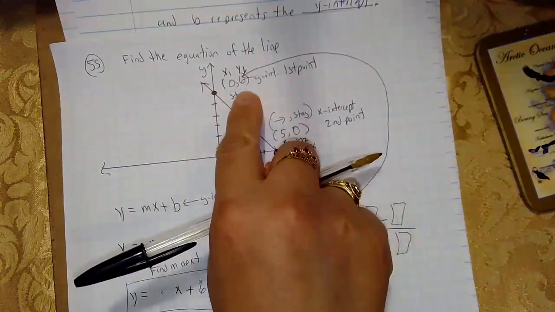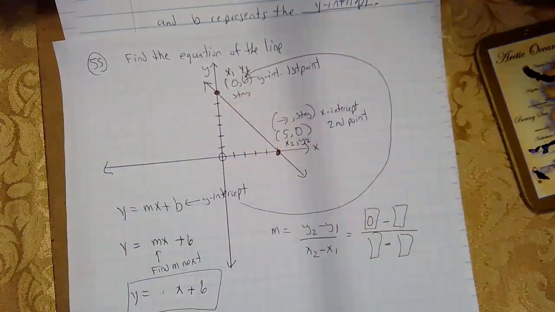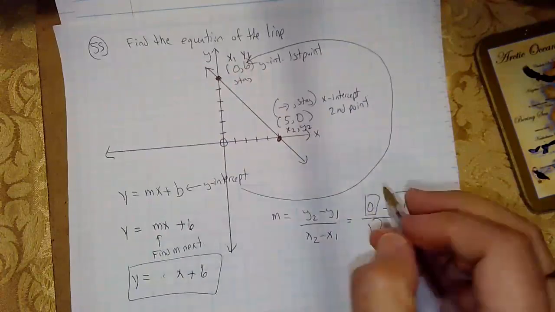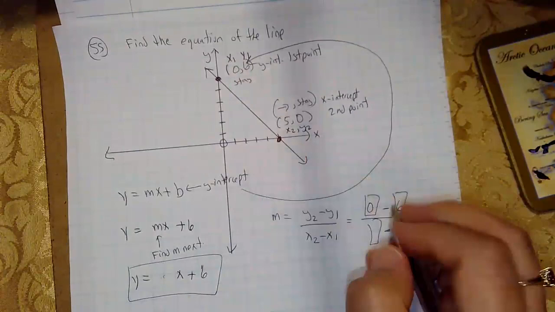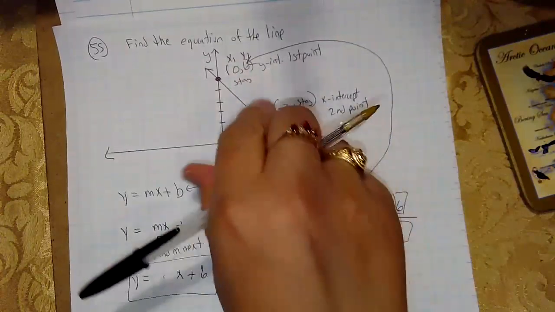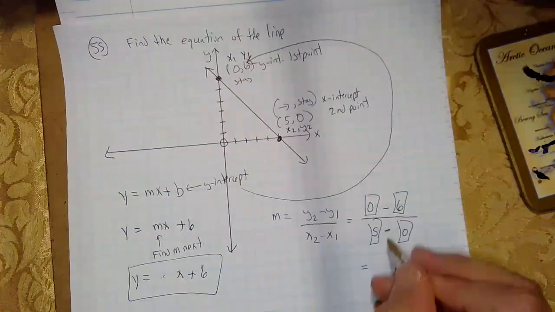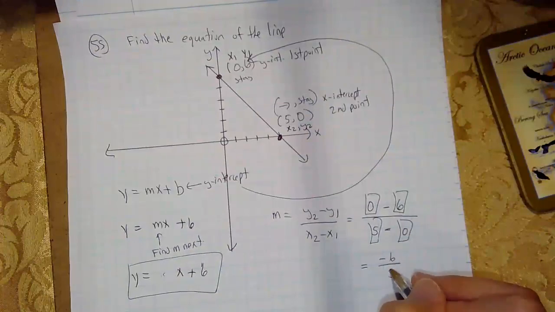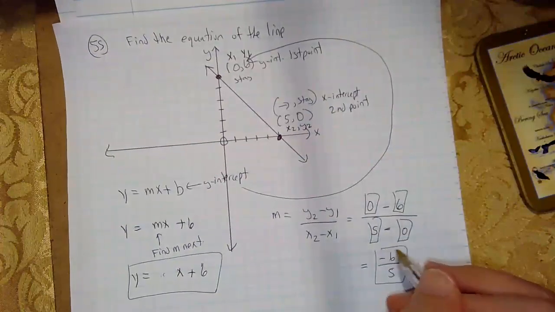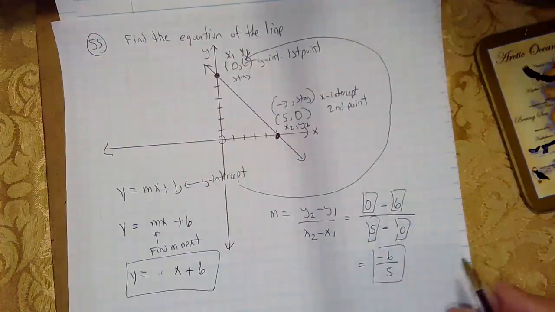Take away y1 is right here, which is 6. x2 is 5. Take away x1 is 0. So 0 take away 6 is negative 6. 5 take away 0 is 5. So it looks like our slope is negative 6/5. That's your m.